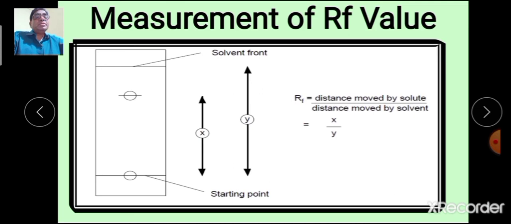The components of the mixture are separated again depending upon the affinity to the solvent. I will show the diagram of descending chromatography.